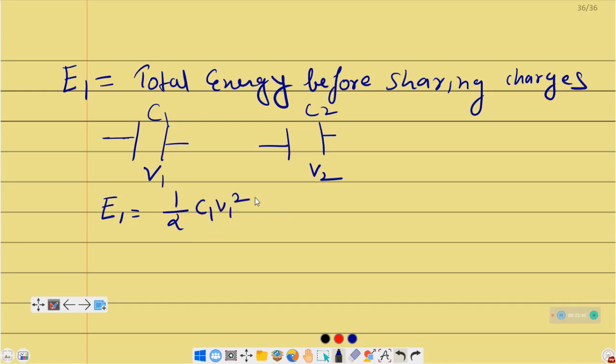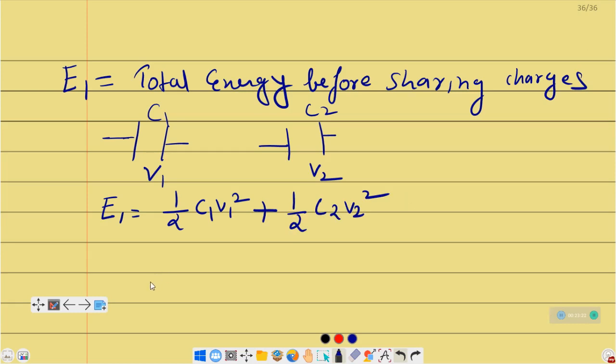We know that the energy stored in a capacitor is half CV square, and when we connect two capacitors in any form, series or parallel, the total energy is the sum of the individual energies stored. So E1 will be half C1 V1 square plus half C2 V2 square.